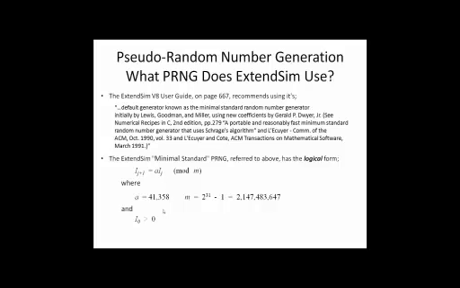If you were allowed to use 0, this thing would return an endless stream of zeros as you made additional calls on it. So this is basically the form of the generator that's used in ExtendSim.